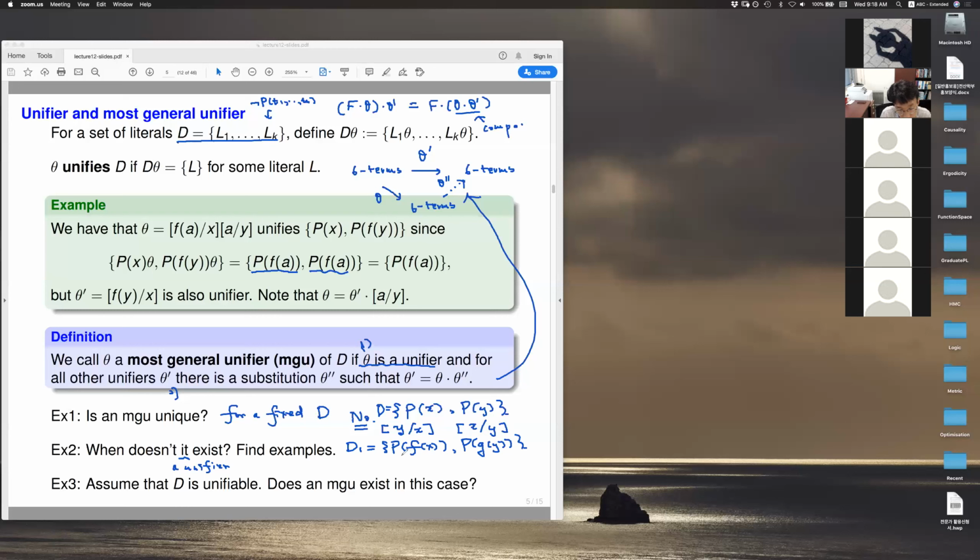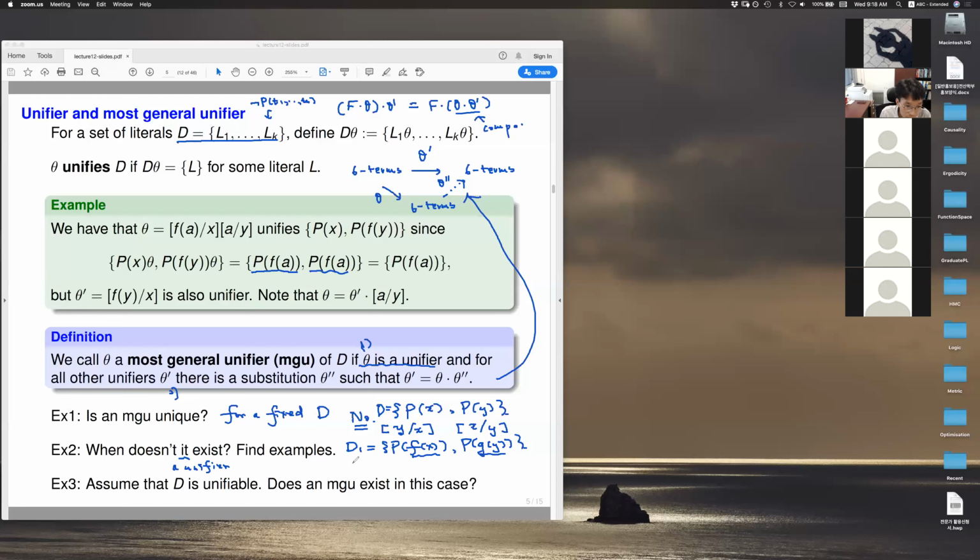Both of them start with p, so that part is okay. But then one starts with f, function f applied to x, and the other with g applied to y. However we replace x and y, we will never be able to make f of x and g of y the same, if they start with two different function symbols or two different constants. It's impossible to make them equal by substitution. So that's one typical case.